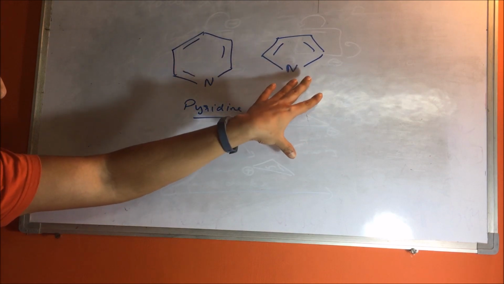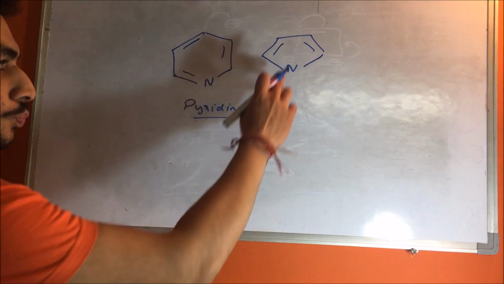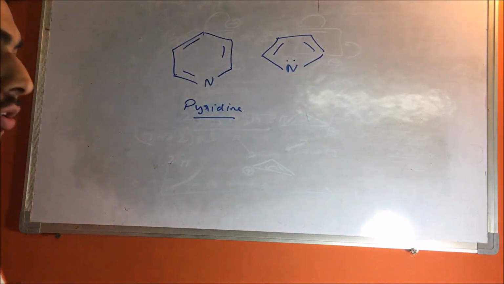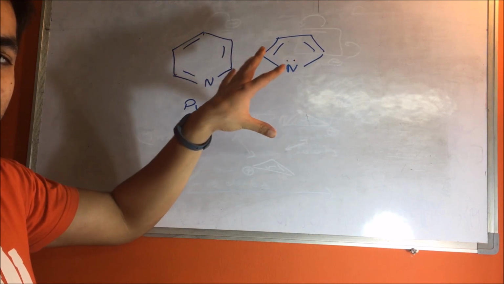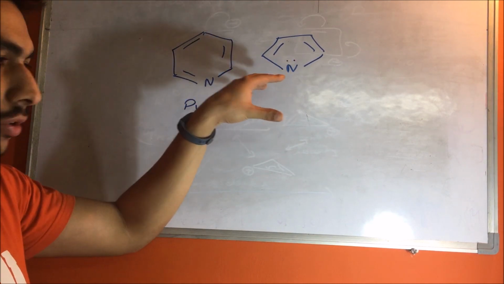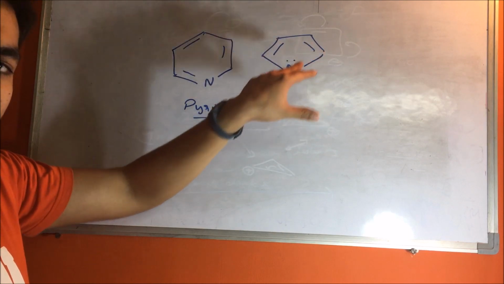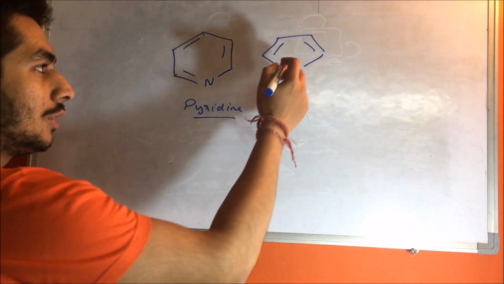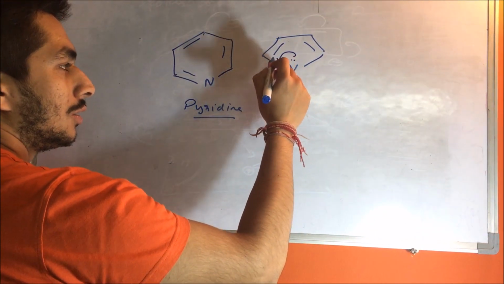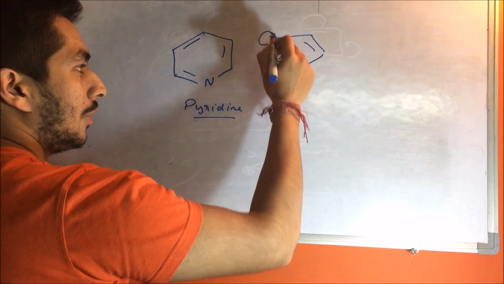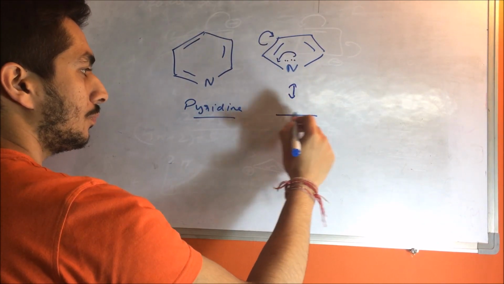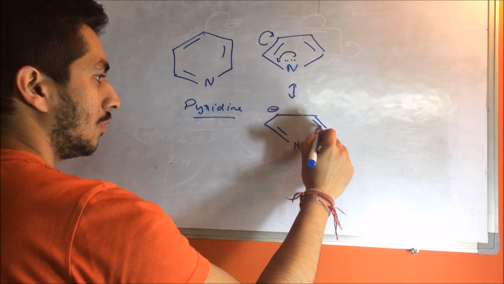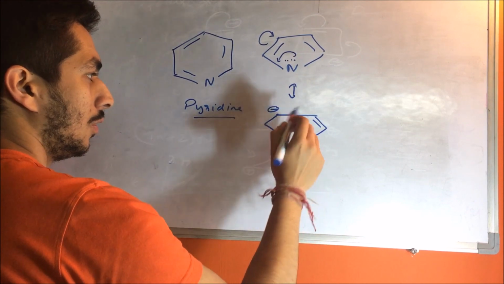What about pyrrole? In this case, we have 4 pi electrons, but we have a lone pair on nitrogen as well. This lone pair is in a p orbital with electrons, so the p orbital of nitrogen also participates in resonance. If this double bond donates electrons like this, and I draw the resonating structure for pyrrole, we have a negative charge over here, and the nitrogen.